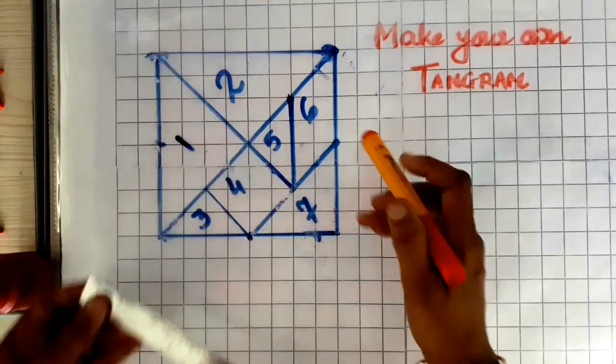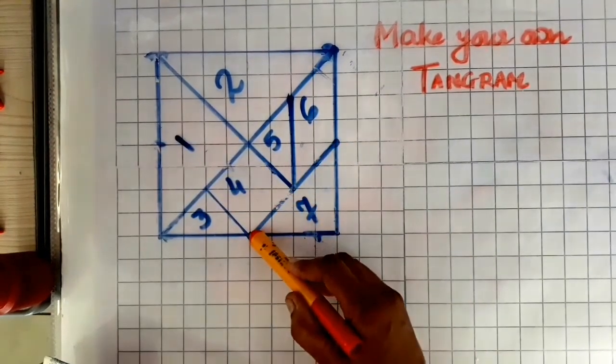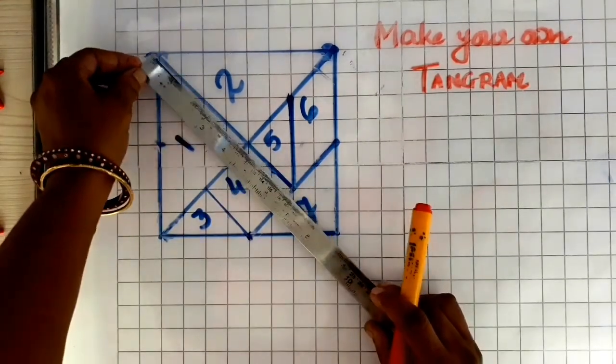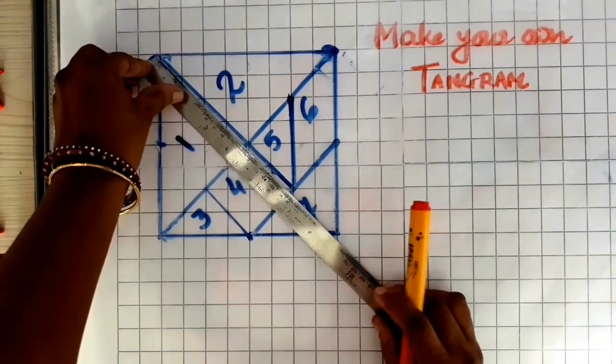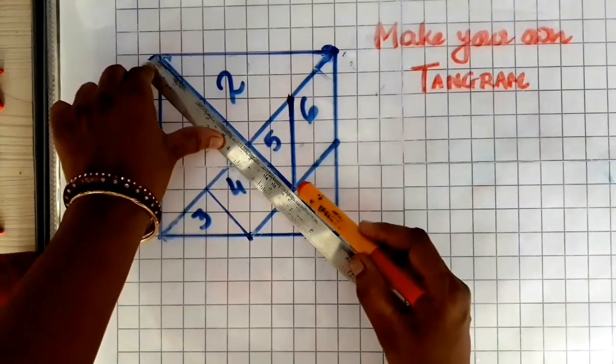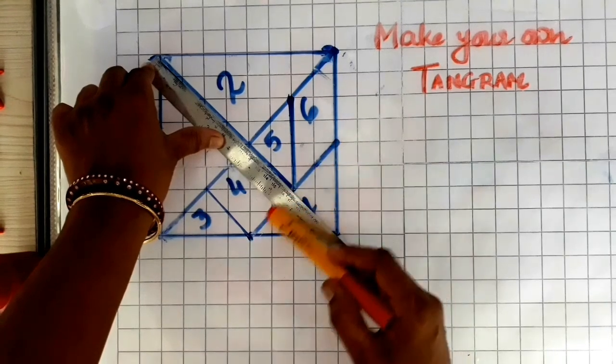The first one you had drawn this one, the second one you had drawn this, right? Now the third one, you just place your ruler like this and extend the line up to this part only.